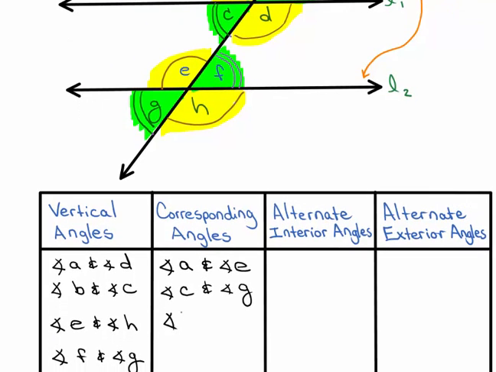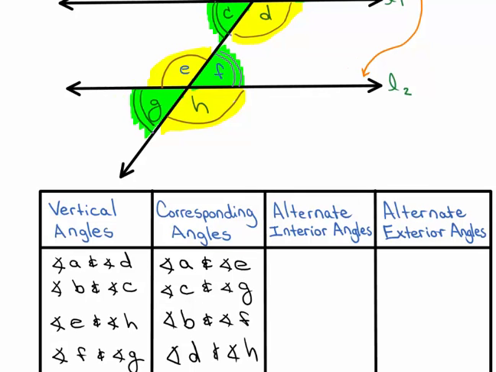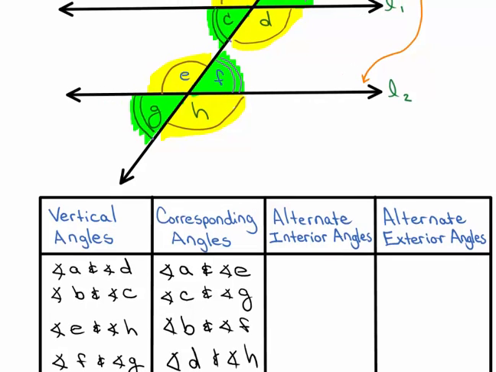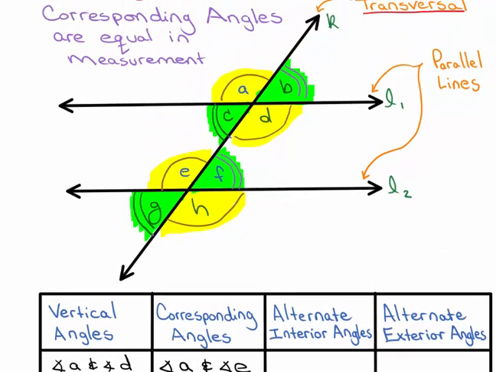And then we've got angle B and angle F. And lastly, angle D and angle H. So those are our corresponding angles. Now let's talk about our alternate interior angles.